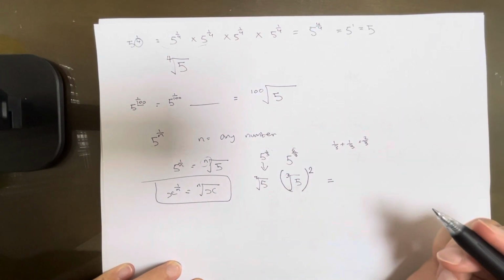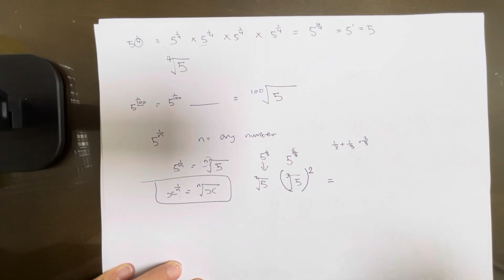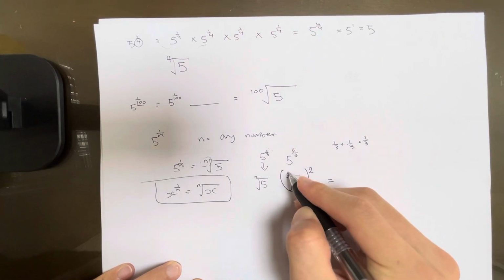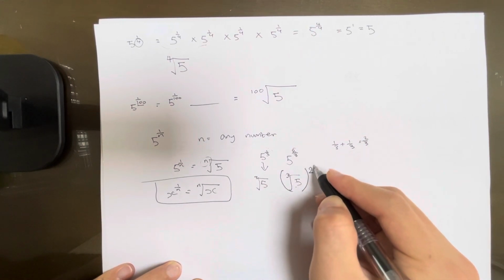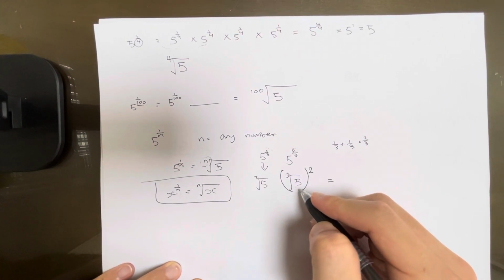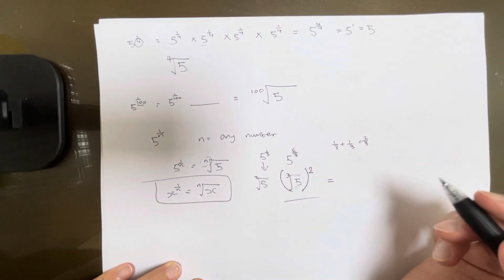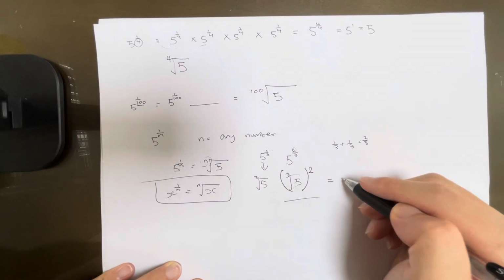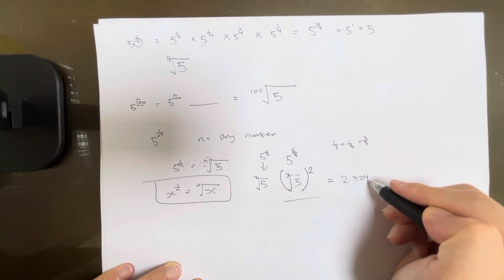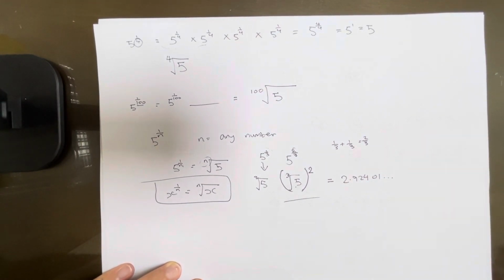But we have a squared now, right? So what does this mean? Well, 5 to the power of a third squared would be, you just put this in your calculator, the cube root of 5, and you square the answer. It's 2 sets of these. So that's the answer, the cube root of 5 squared, which is roughly 2.92401 recurring. Something like that.